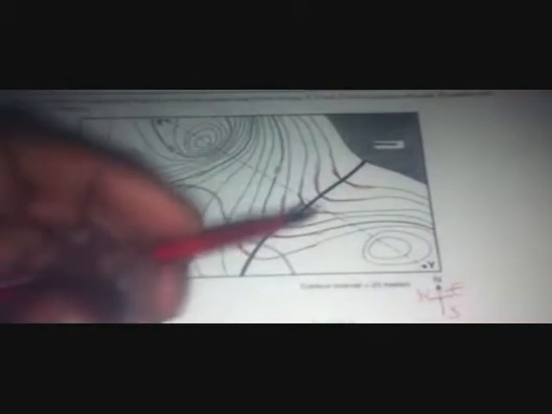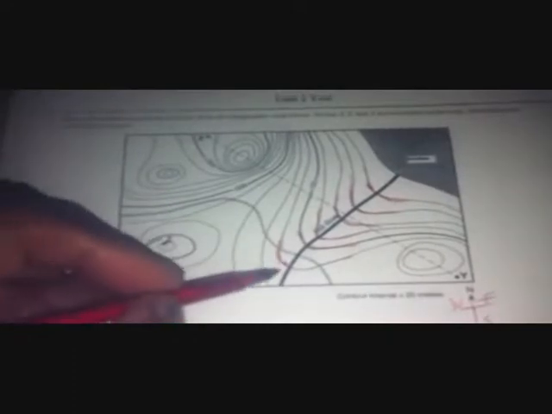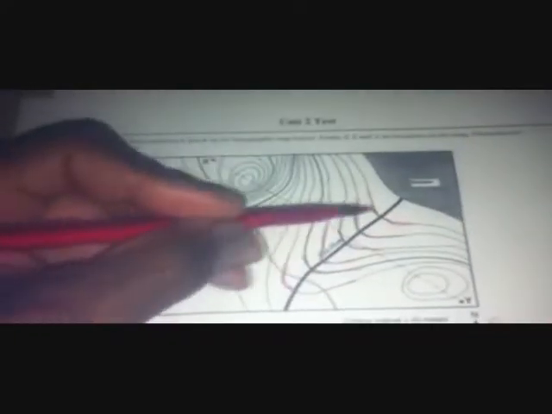If they ask you a typical question, what direction is the flow of this river? Well, two things you need to remember. Rivers, or running water, flow from an area of high elevation to an area of low elevation. At the same time, rivers tend to flow out into a larger body of water, it could be a lake or an ocean.